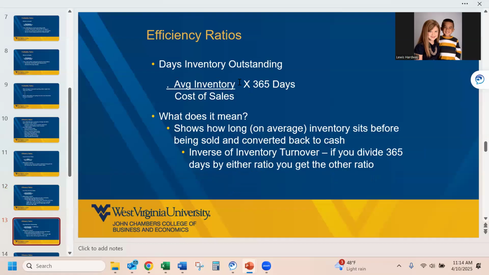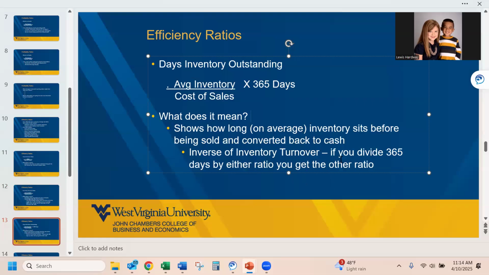Now, days inventory outstanding is basically the exact opposite. You flip the ratio, and then we're multiplying it by the 365 days, because we want to know exactly how many days it is, if it's 10 days, if it's 15 days. So it's basically showing us the same thing.